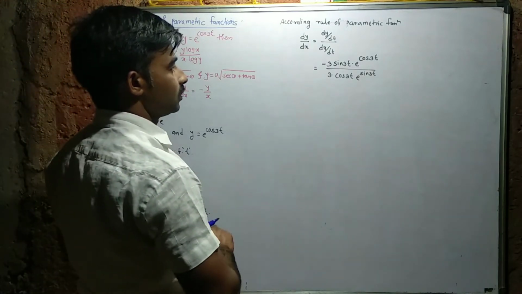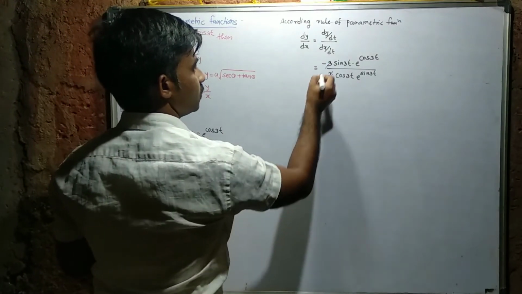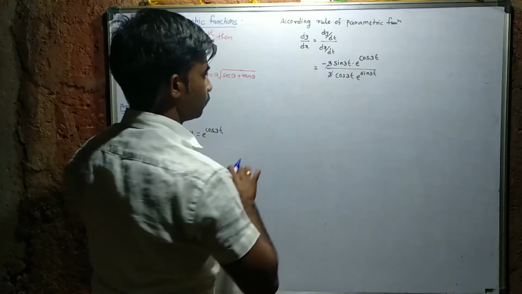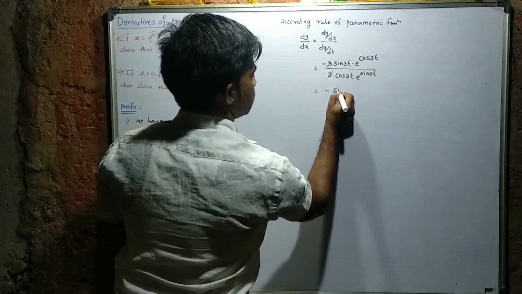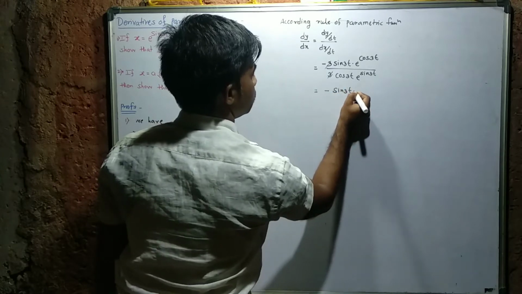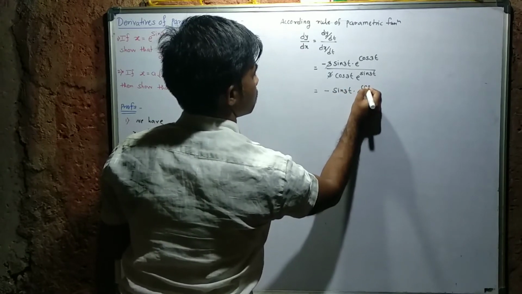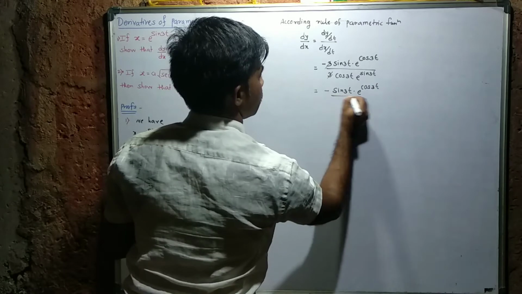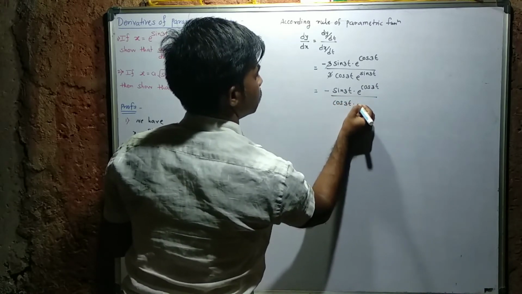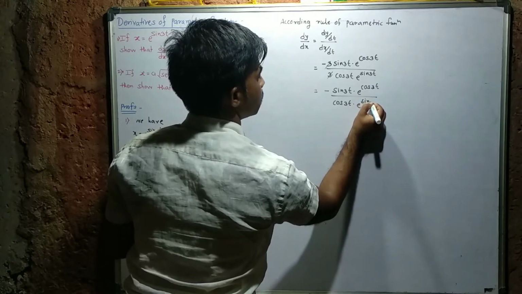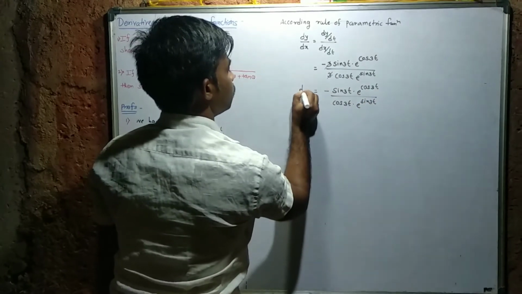Then here 3 and 3 cancel each other, and therefore you will get minus sine 3t into e raised to cos 3t divided by cos 3t into e raised to sine 3t. This is your dy by dx.